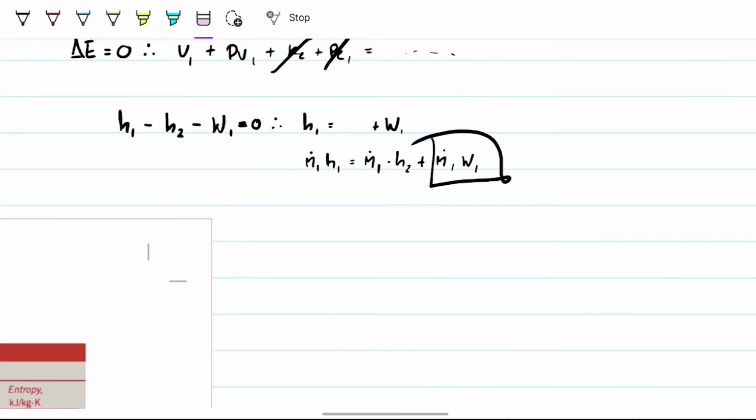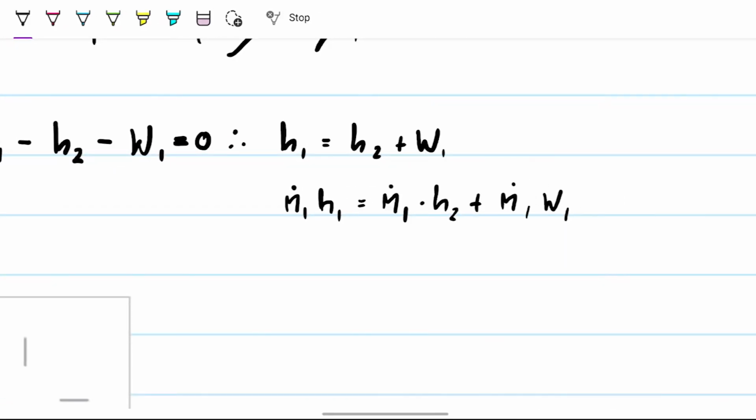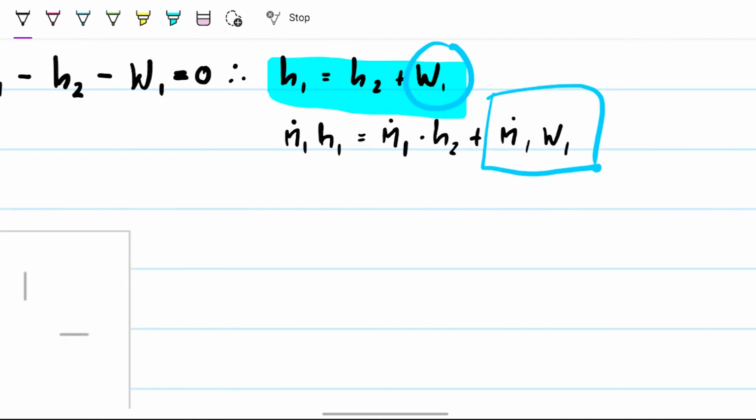There you go. So what you can do is just consider this bit here, and let's find out this fella here. Once we have that, we can multiply by the mass flow rate to find out the power. So really what we're after is the work output of turbine 1, which is just going to be H1 minus H2.